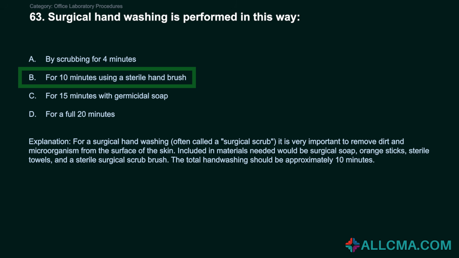For a surgical hand washing, often called a surgical scrub, it is very important to remove dirt and microorganisms from the surface of the skin. Included in materials needed would be surgical soap, orange sticks, sterile towels, and a sterile surgical scrub brush. The total hand washing should be approximately 10 minutes.